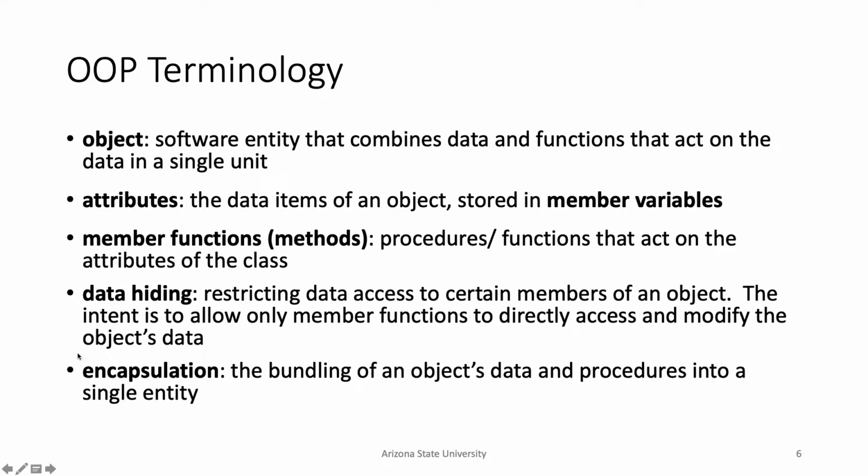Data hiding is a little different. Data hiding says that we're going to restrict access to the underlying members or the functions themselves, but usually the attributes of the object. So maybe, for instance, think about the GPA of a student.